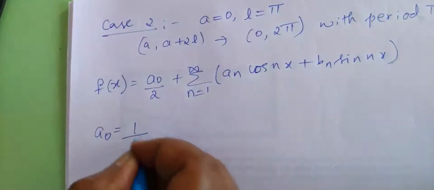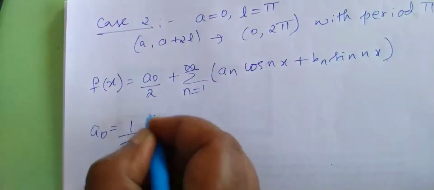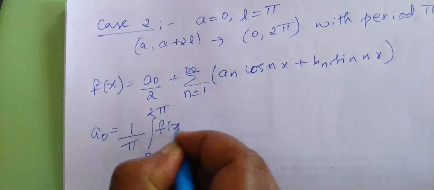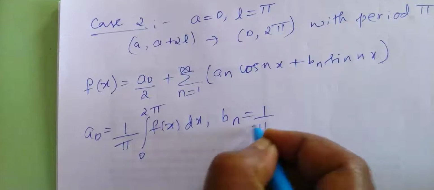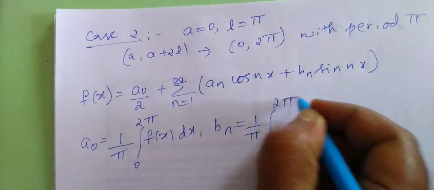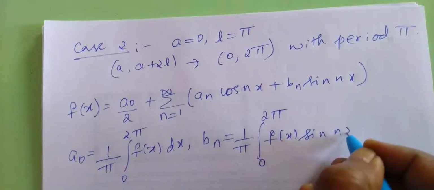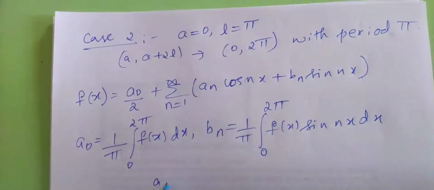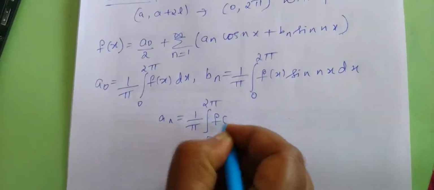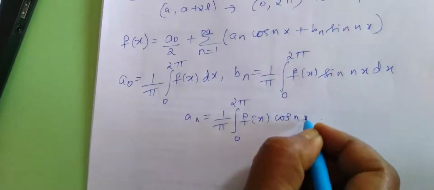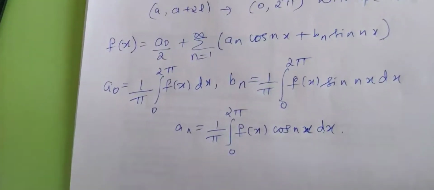Period is pi, so in place of L it will be pi. a0 is 1 by pi integration from 0 to 2 pi f(x) dx. bn is 1 by pi integration over the same limits, 0 to 2 pi, f(x) sin nx dx, and an is 1 by pi integration 0 to 2 pi f(x) cos nx dx. This is case 2.